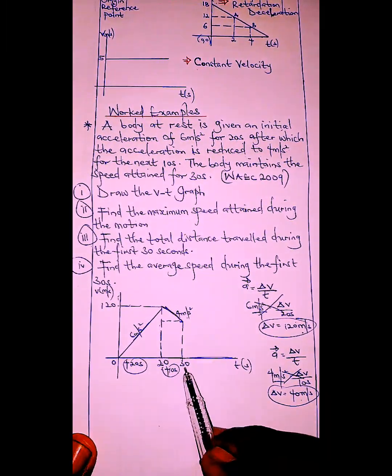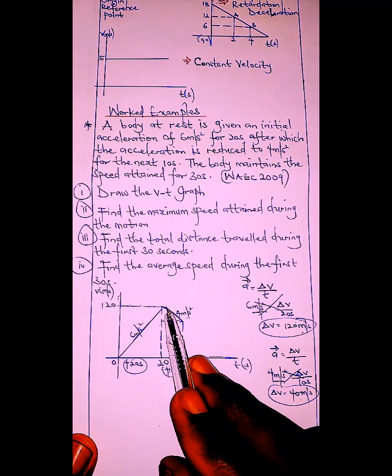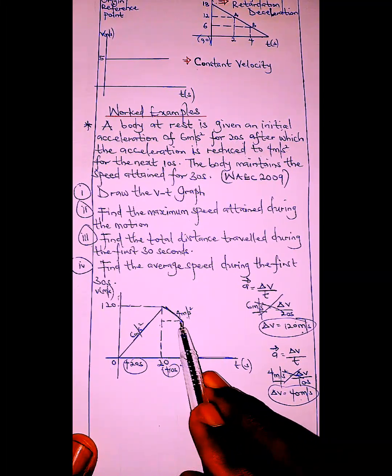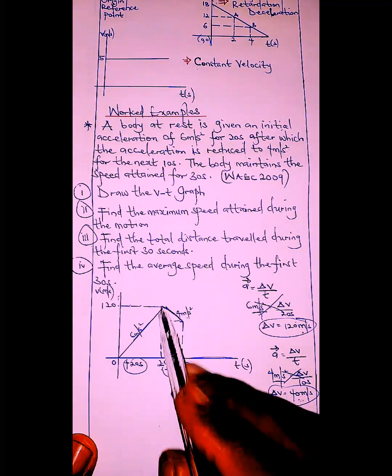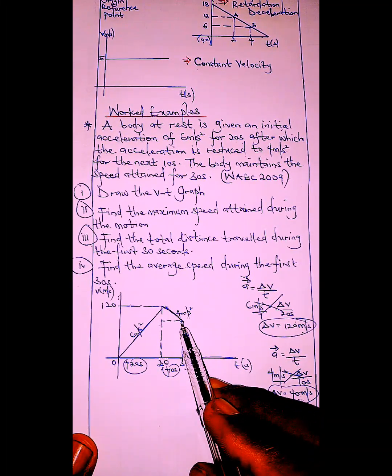The change in time taken is 10 seconds. So what's going to be the change in velocity that will give us 4 meter per second squared? The change in velocity is going to be 40 meter per second. 40 meter per second over 10 seconds will give us 4 meter per second squared acceleration.